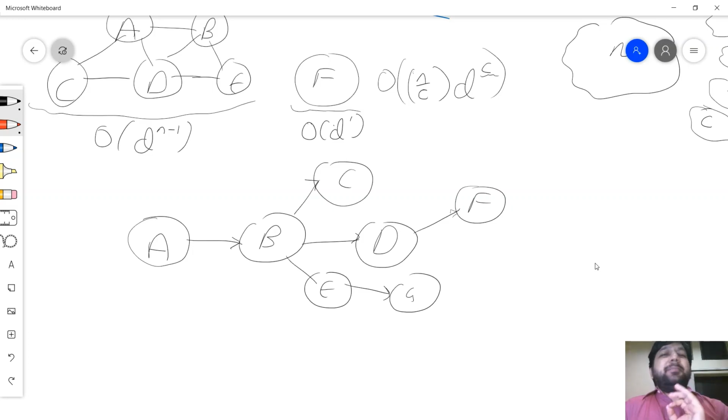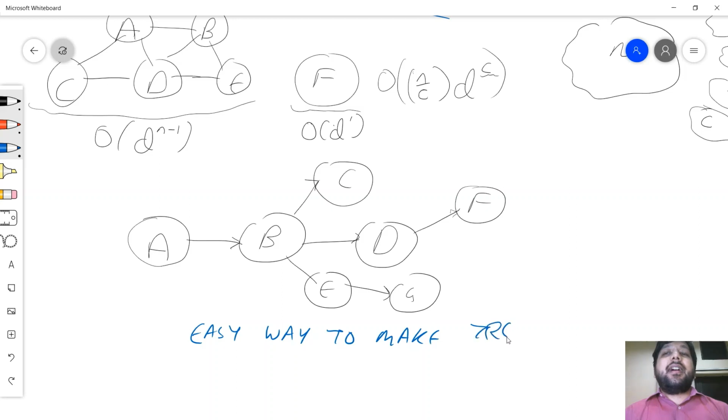Now, in principle, whatever I said of course holds, and you could still use backtracking to solve it. However, there is a very easy way to make this tree strongly consistent, and strongly consistent means I will not have to backtrack.